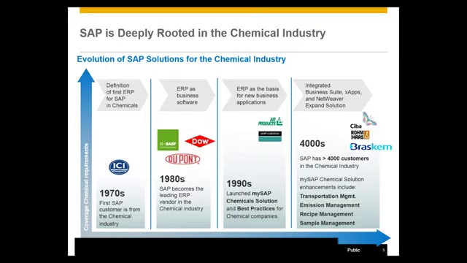Our chemical solution includes things like transportation management, emission control and management, recipe management, and sample management. This is how we have evolved over the last 35, 40 years, and today we are probably in the most dominant position providing solutions to the chemical and pharmaceutical industry.